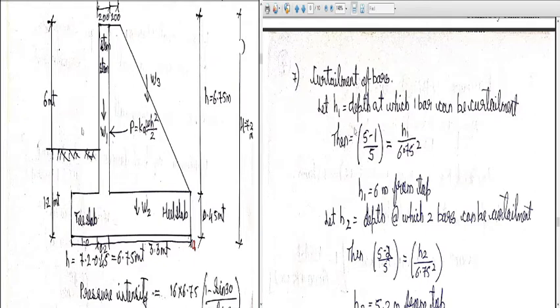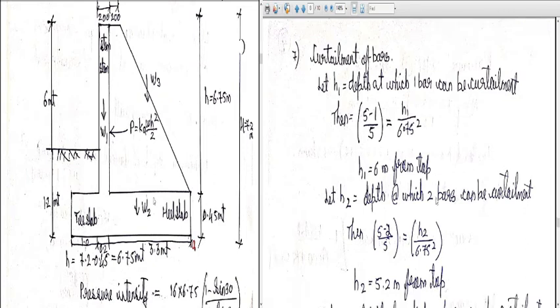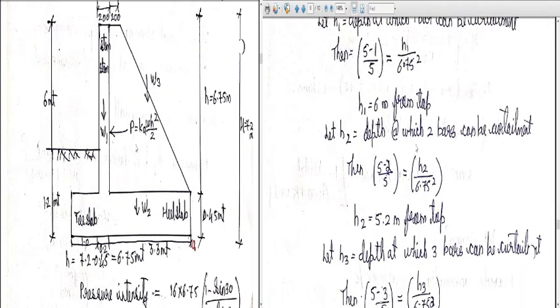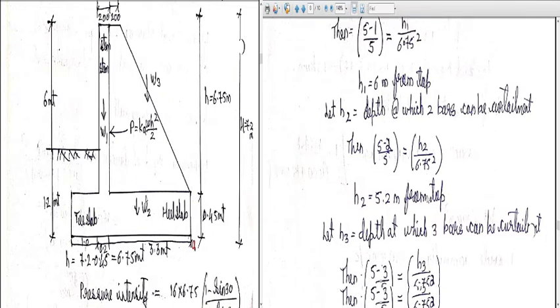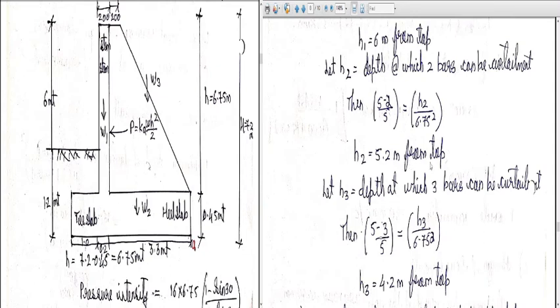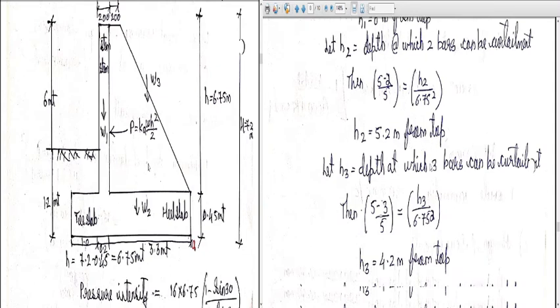Let h1 be the depth at which one bar can be curtailed. Then (5 − 1)/5 = h1/6.75, so h1 works out to be 6 meters from top. h2 is the depth at which two bars can be curtailed: (5 − 2)/5 = h2/6.75, so h2 is 5.2 meter from the top.